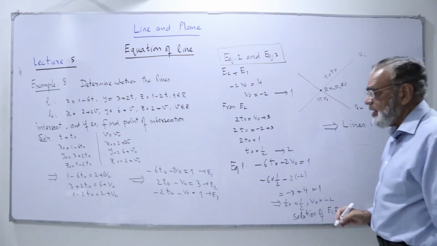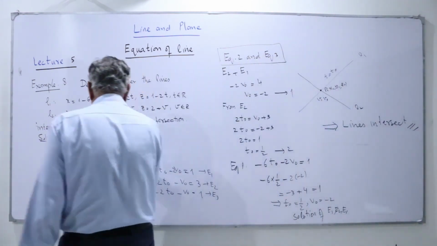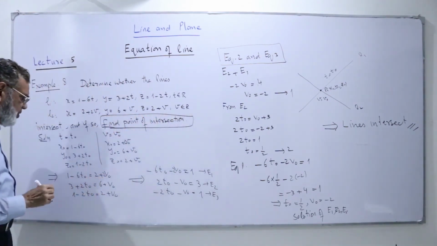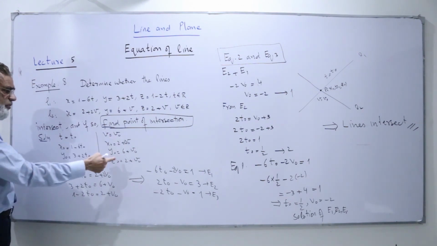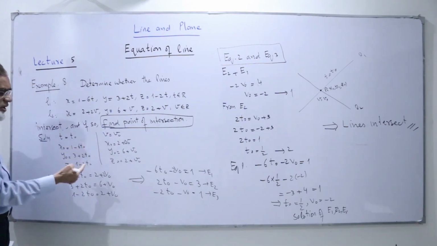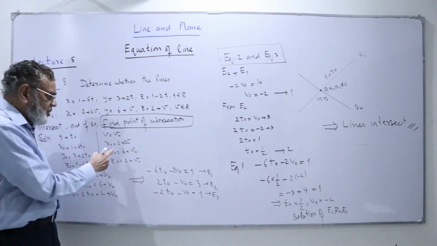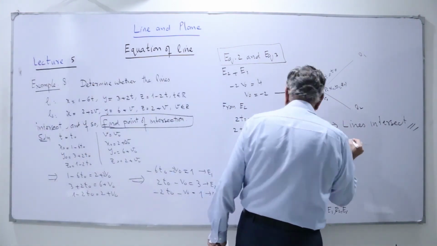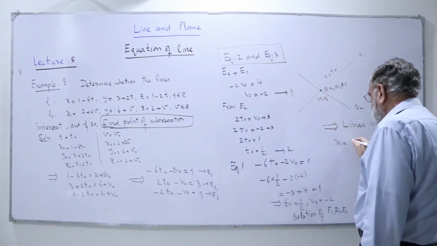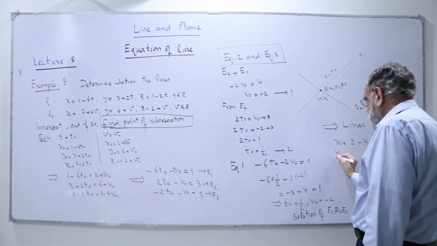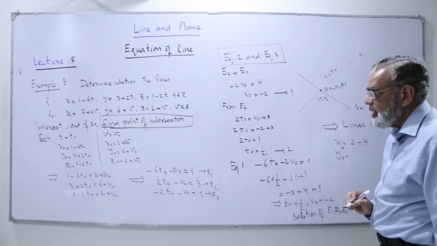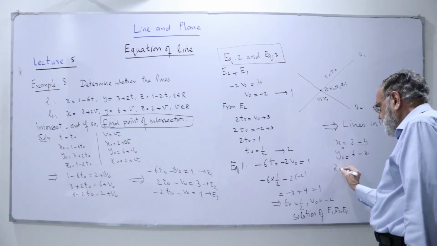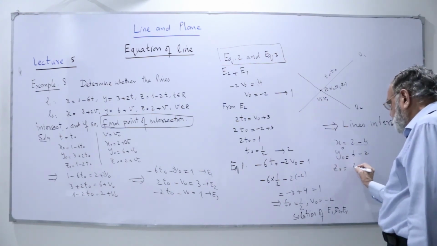If the lines intersect, then we want to find the point of intersection. To find the point of intersection, we substitute the value of t0 here or v0 here, and we get the result. I take the value of v0 and substitute here. Taking v0 equal to minus 2, I get x0 is equal to 2 minus 4, y0 is equal to 6 minus 2, and z0 is equal to 2 minus 2.